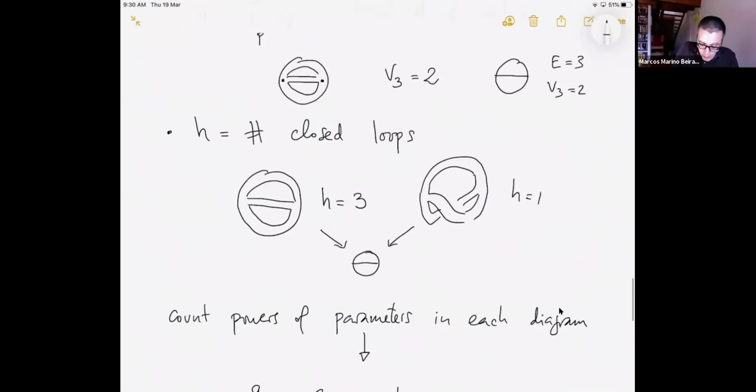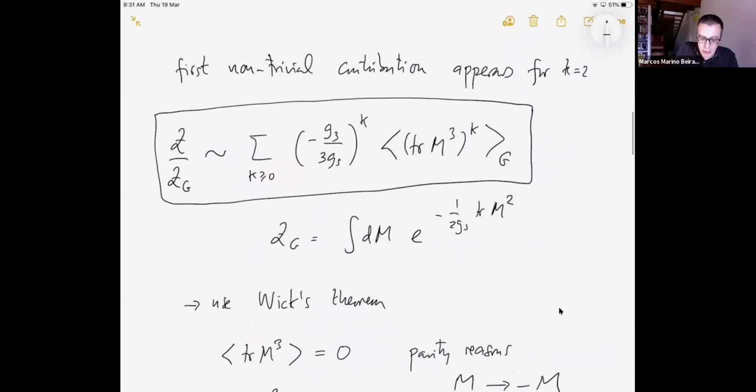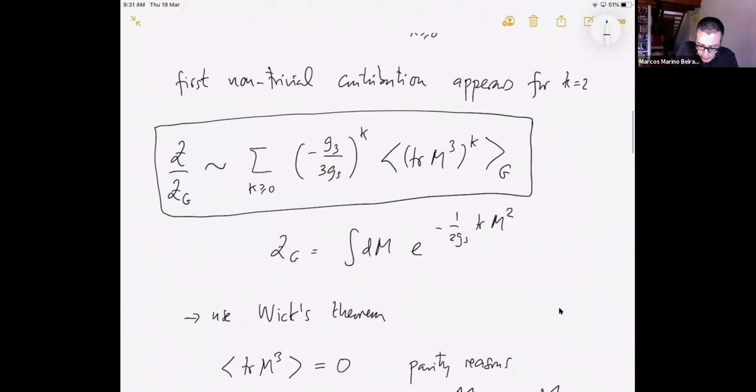Here you see that every time I have an interaction, G3 has always a power of 1 over GS. So every time I have a vertex, I will have a power of 1 over GS.